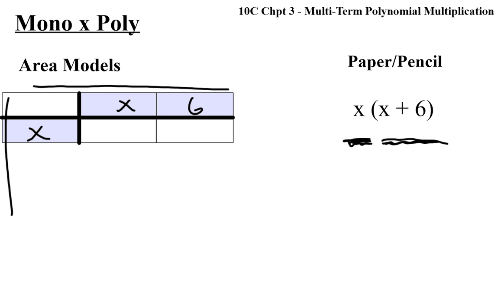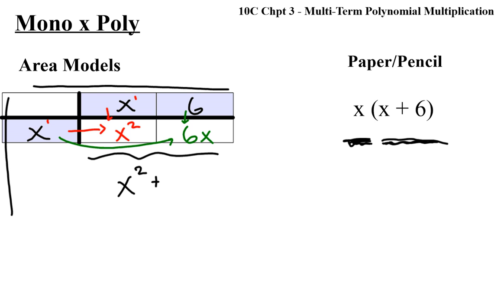Then we just multiply these parts. x times x gives x squared, and x times 6 gives us 6x. Putting these two pieces together, we end up with x squared plus 6x.